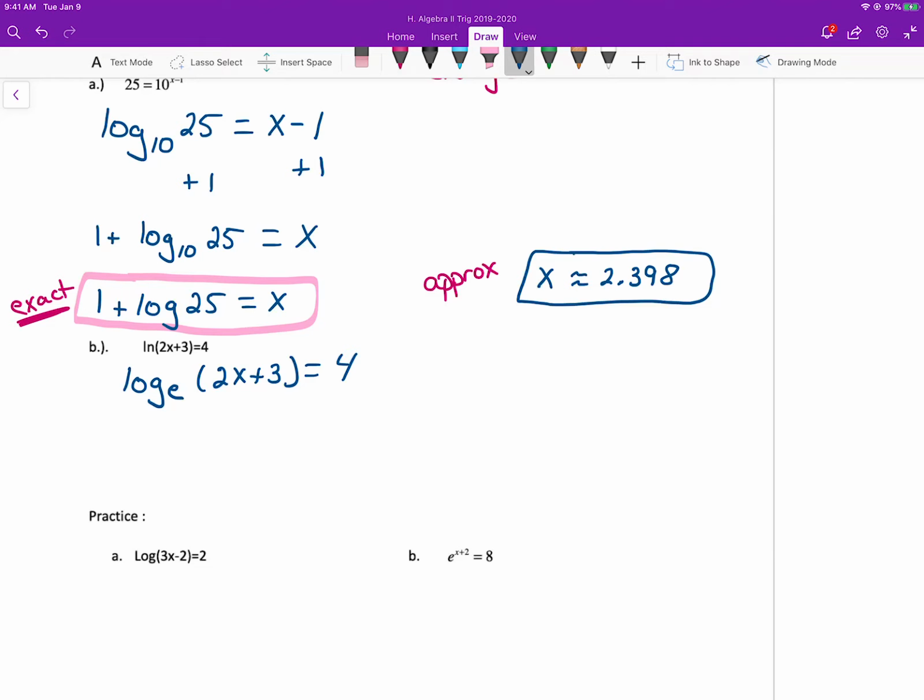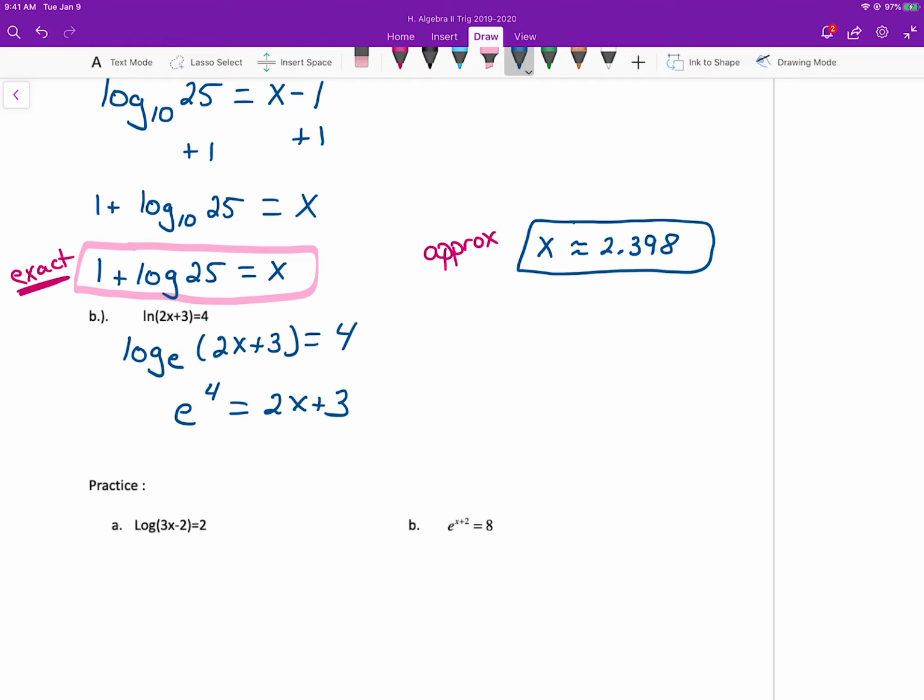At this point, I can't separate the natural log from the 2x plus 3. There's no way, I can't divide those. They're not multiplication by each other. They're connected together. The only thing I can do is change the form. So I can say e to the 4th power equals 2x plus 3.